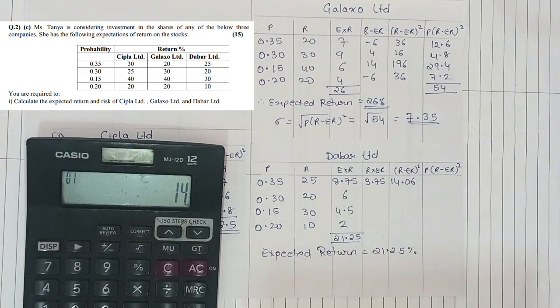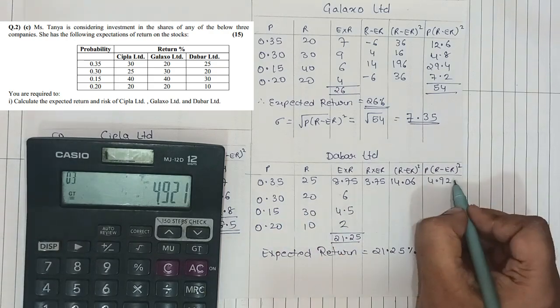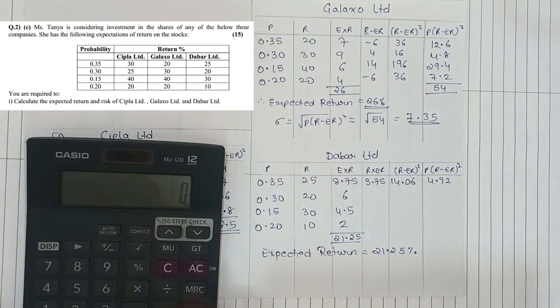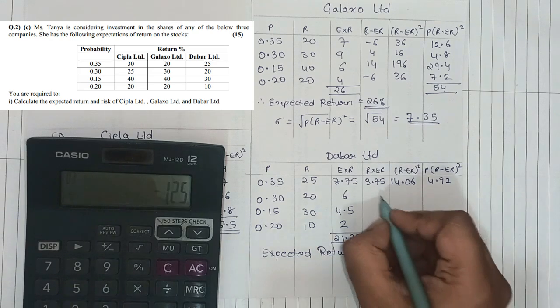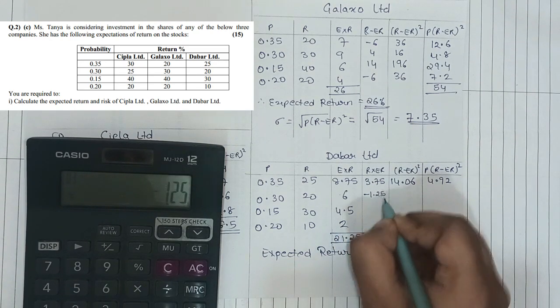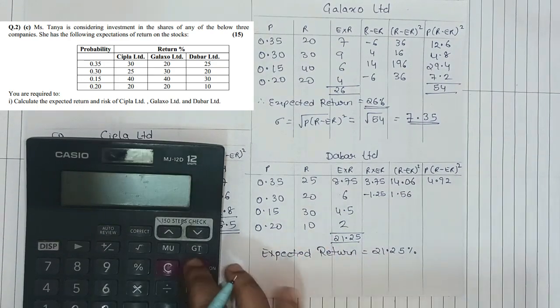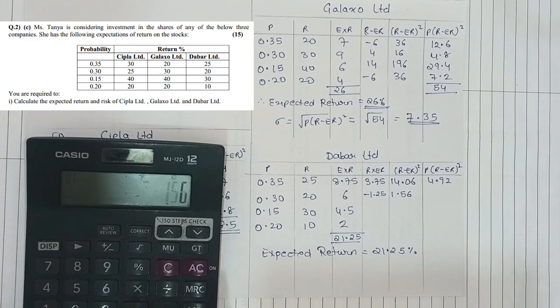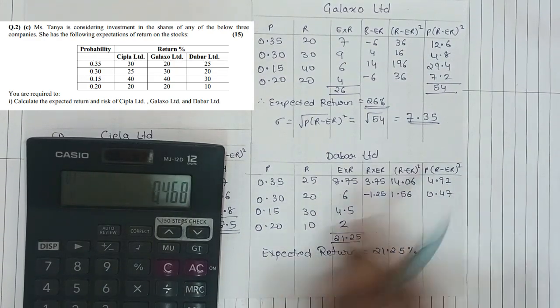So 14.06 into 0.35, I get the value as 4.92. We take it up to 2 decimals only. Next is 20 minus 21.25, I get negative 1.25. The square is 1.56. 1.56 into 0.3, we got the value as 0.47.